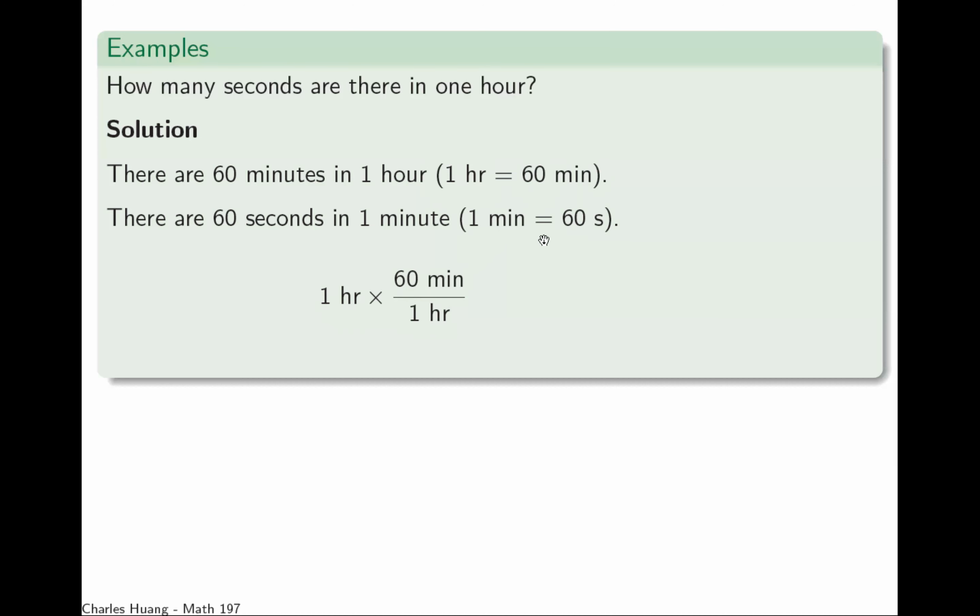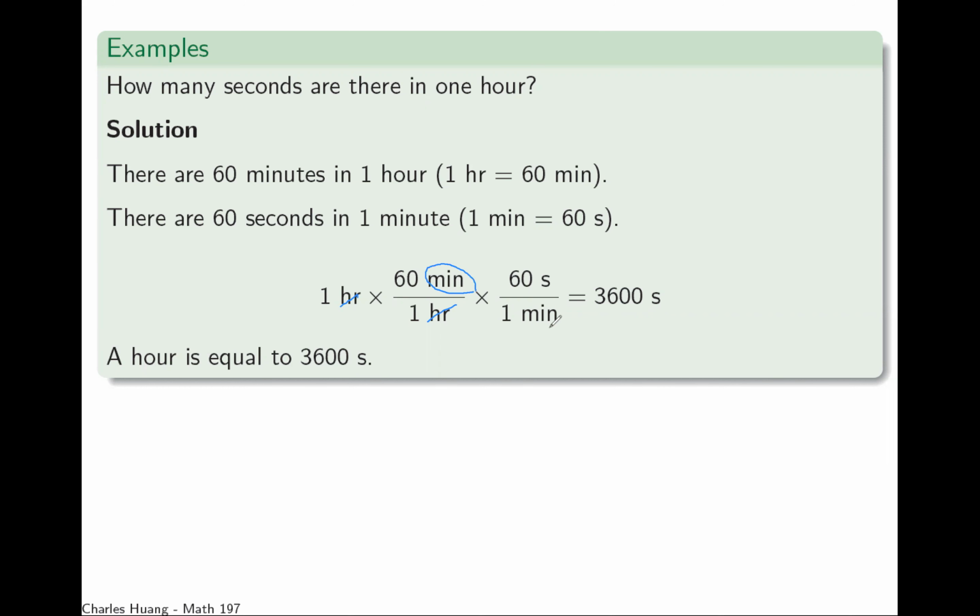Now we'll do the same thing to change from minutes to seconds. You can do this in 2 steps, or you can do this in 1 step like I did. Now, what I want to show you is this. When I change from hour to minutes, you'll notice we have the minutes on top.